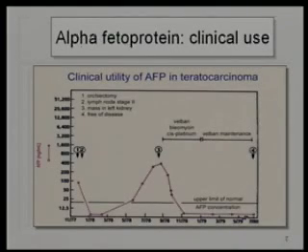Here's an example of following a patient and testing for alpha-fetoprotein. There was a diagnosis of a tumor, of course. There was an orchiectomy performed, removal of the testes. And prior to that, there was a fairly high level of alpha-fetoprotein.